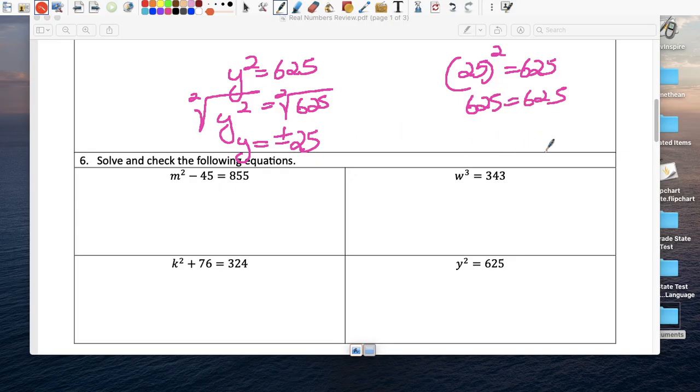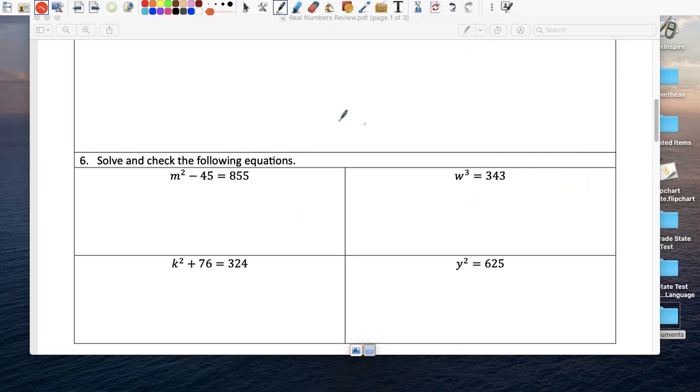Then I'm going to check negative 25 squared equals 625, and they're equal to each other. So positive 25 worked on the check, negative 25 worked on the check, so the answer, like I said, is plus or minus 25.